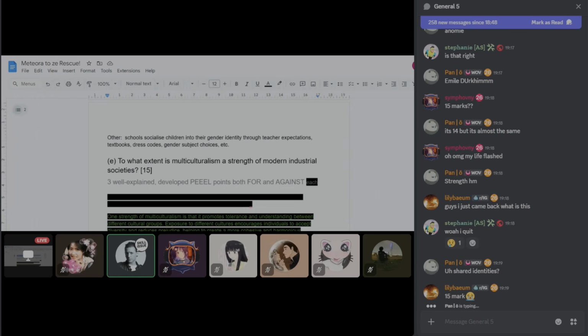'To what extent' is the type of question which you have to answer for both sides: three for, three against. Strength of modern industrial societies. You have to remember the functionalist and Marxist theories of modern industrial societies, how the family structure works.